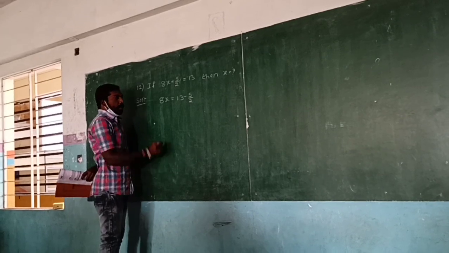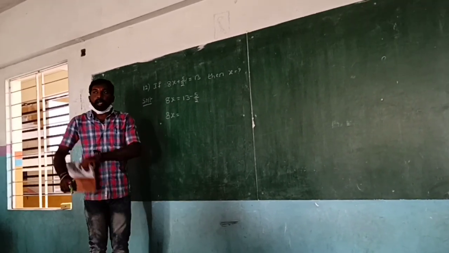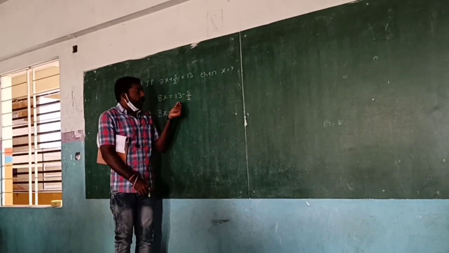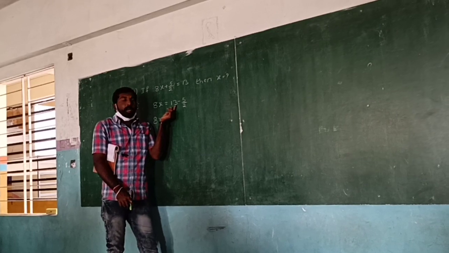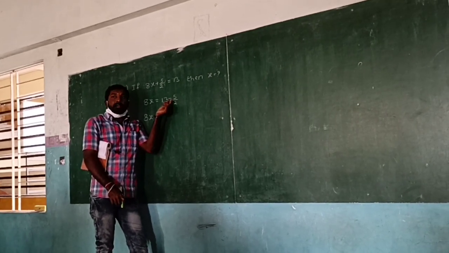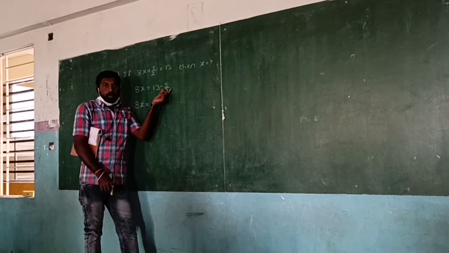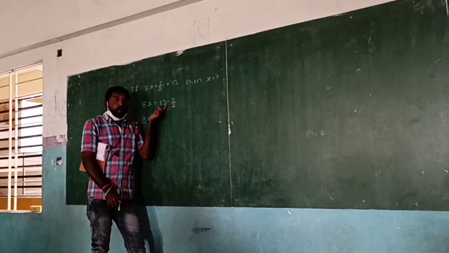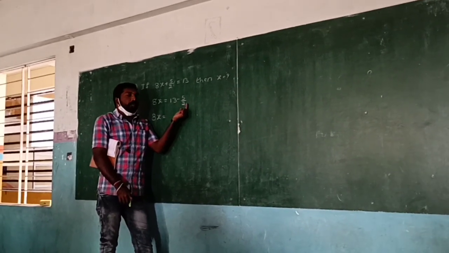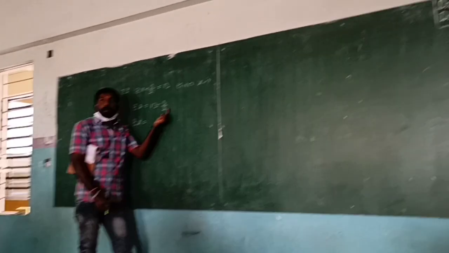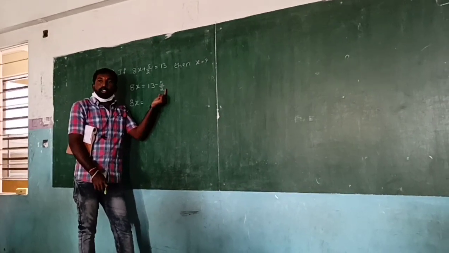So what is the LCM here? No, remember one thing. Whenever there is a whole number with a plus sign or minus sign along with your fraction, you have to do that mixed fraction to improper fraction conversion.